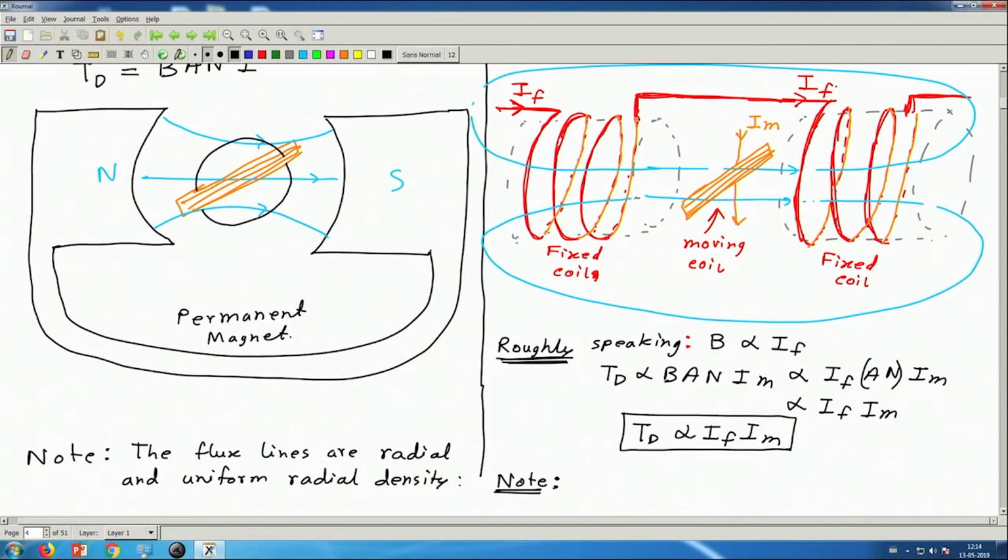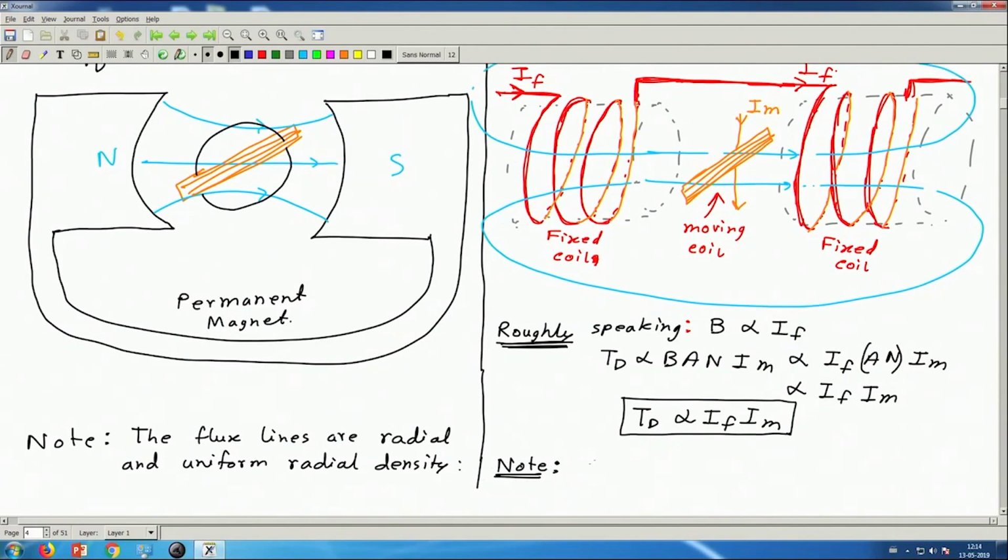But in electrodynamic instruments, generally no core is used.